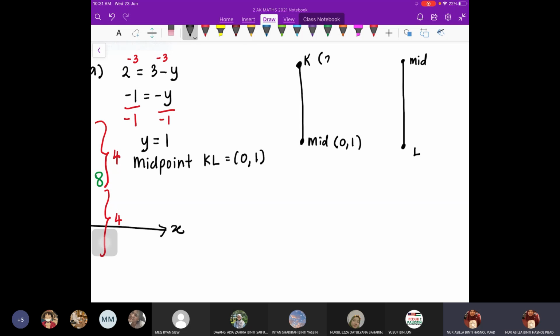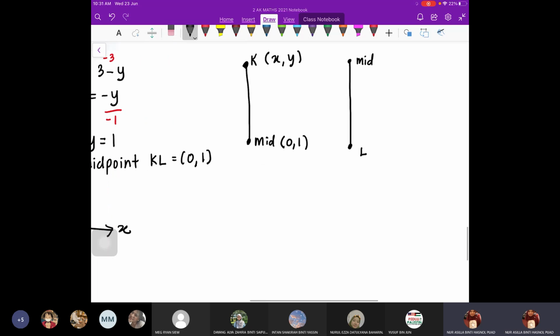So K teacher tak tahu. Letak X, Y. Midpoint ni adalah 0, 1. L teacher tak tahu. X, Y. Okay, teacher akan buat 2 kali. Cuma distance saya tahu dia adalah 4, 4.